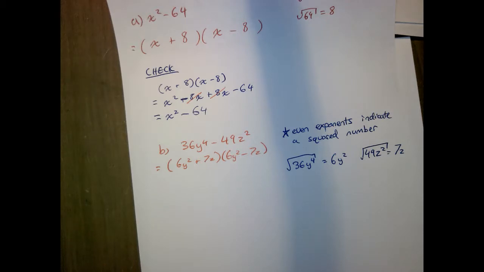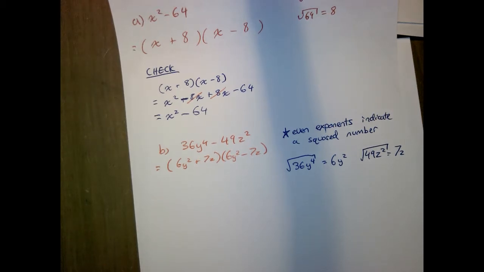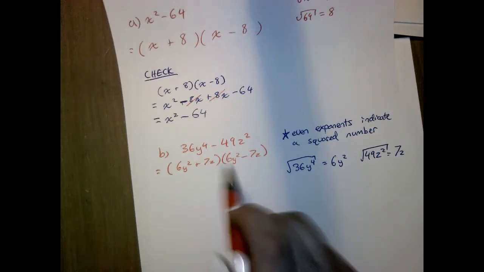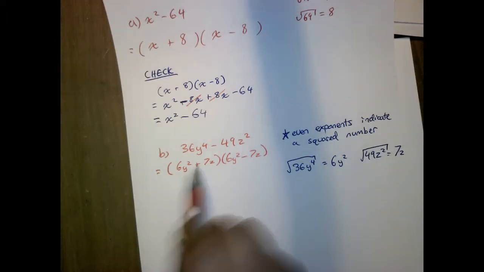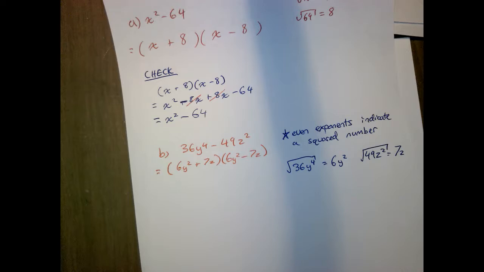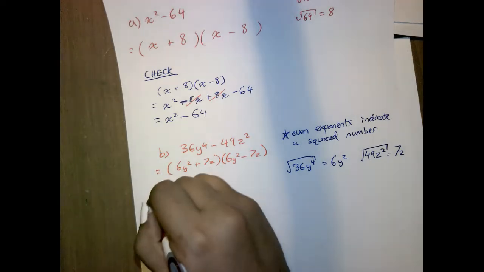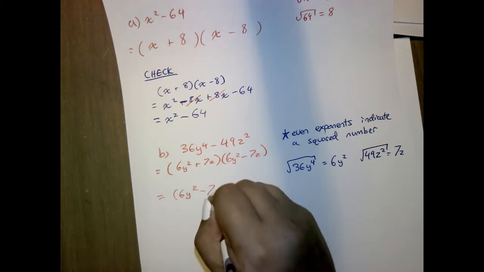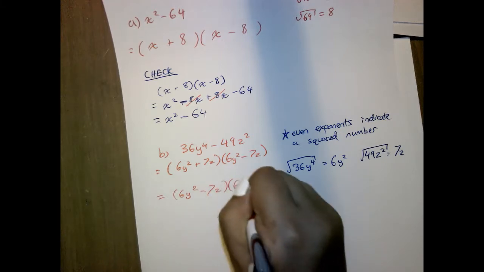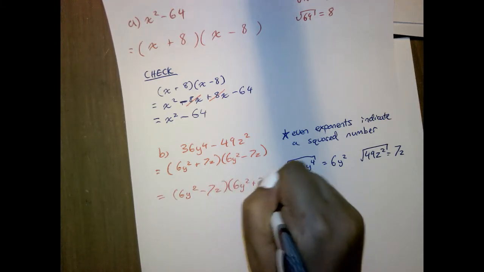And that's done. Now, some students also tend to ask, does it matter which one I put first? And the answer to that is no. This is also equal to 6y squared minus 7z times 6y squared plus 7z.